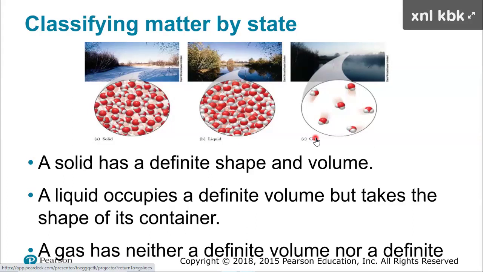In the solid and the liquid, they're all touching each other, right? Each one of those molecules is touching more molecules. So when I move it from one container to another, those molecules have to stay touching. So as a result, its volume doesn't change.